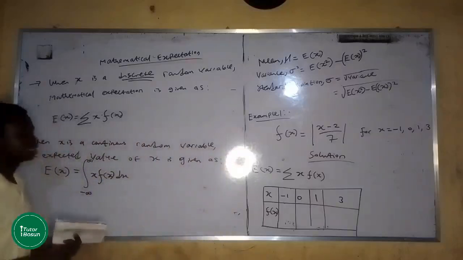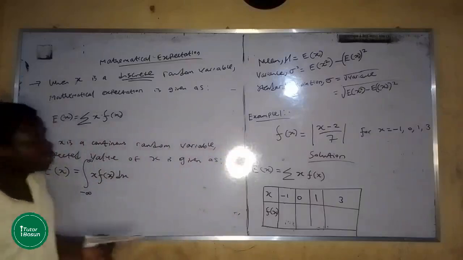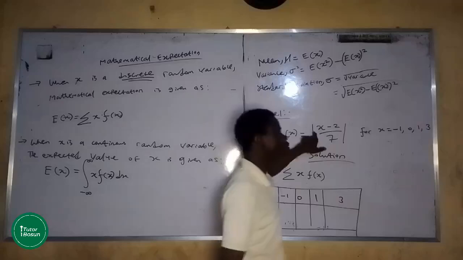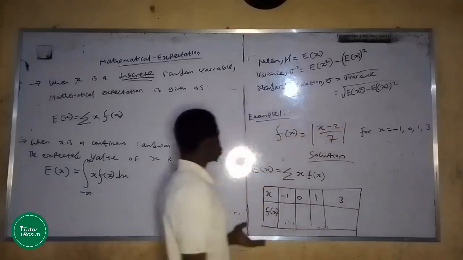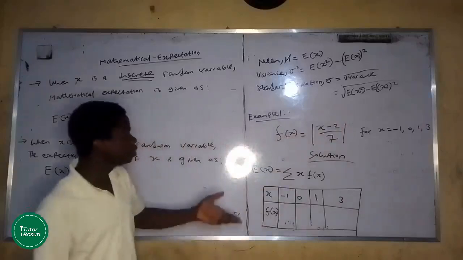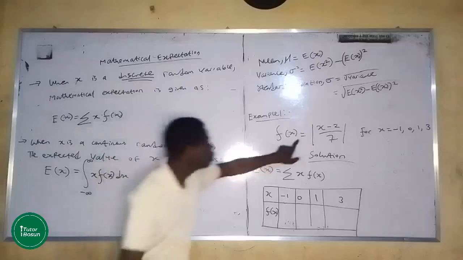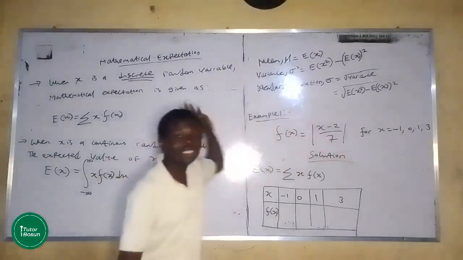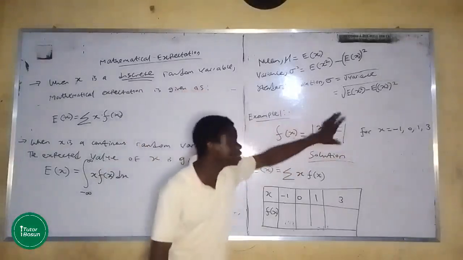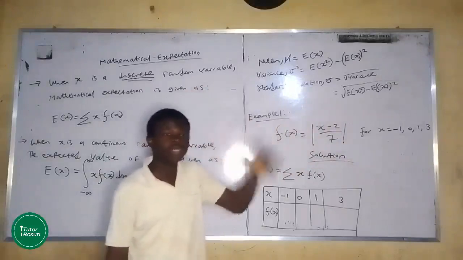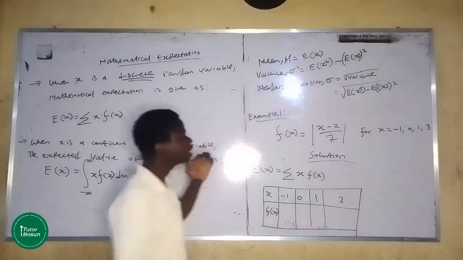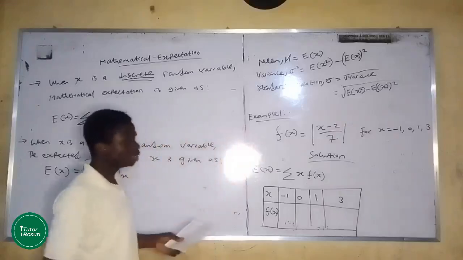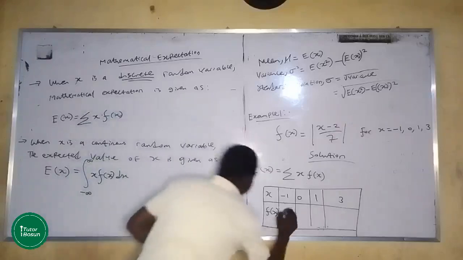When x is equal to minus 1, you just need to plug it into the formula: minus 1 minus 2 gives us minus 3 over 7. But the modulus here means that you don't need negative. Anywhere you find modulus, it means that you should eliminate negative. Automatically, that minus 3 over 7 will become 3 over 7.